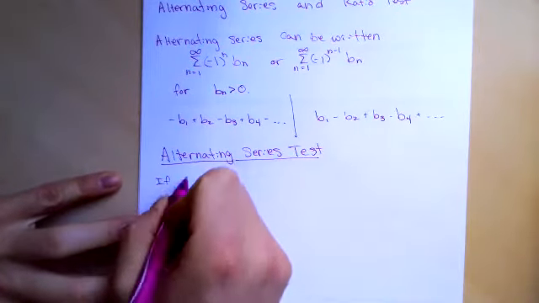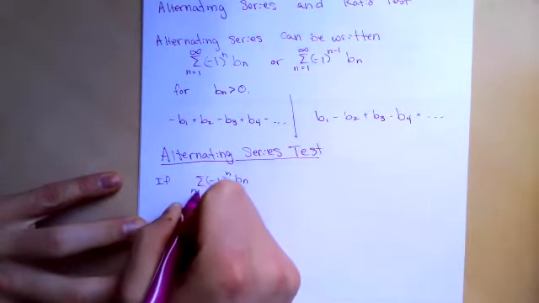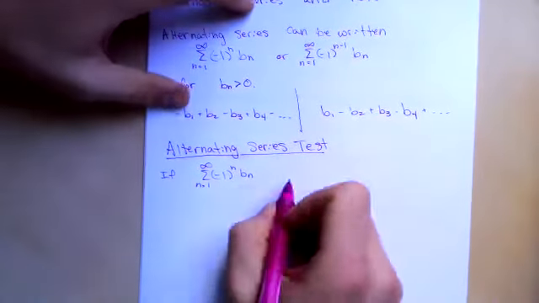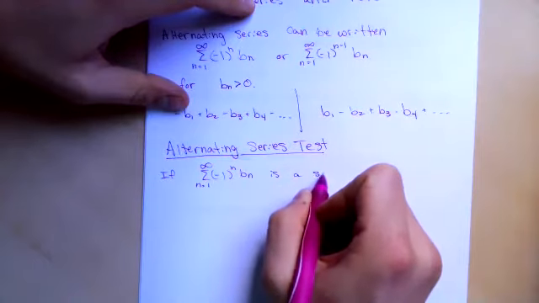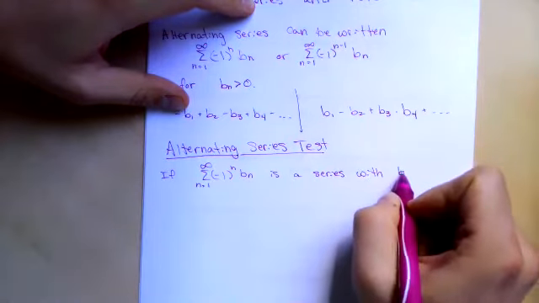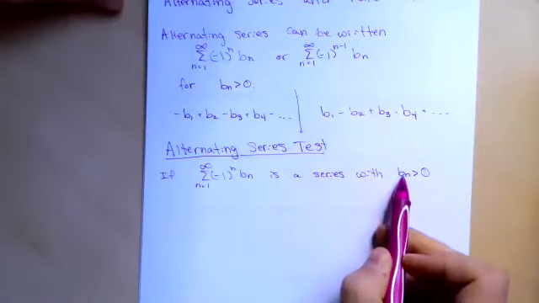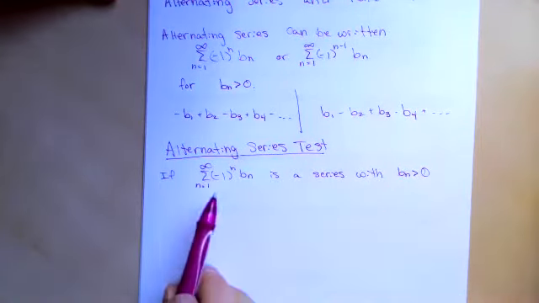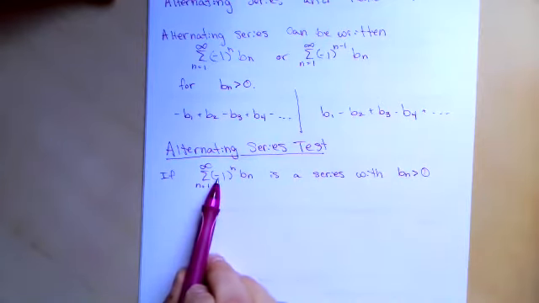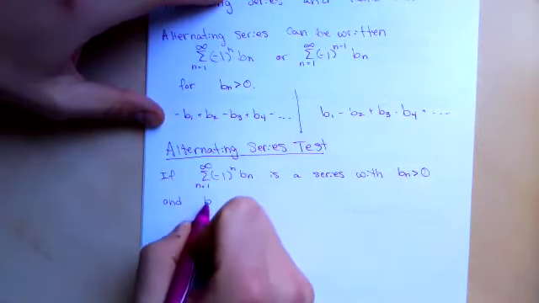So if we have a series, minus 1 to the n times bn, with all the individual terms, all the bn's positive, namely it matches what we were just saying, that the sign in front of the bn is only dictated by the minus 1 to the n, and it's decreasing.